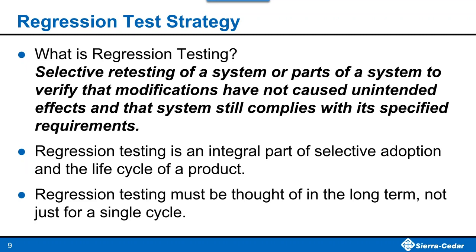Wow, hard to say. But again, regression testing is an integral part, and we are going to make it easier by incorporating PeopleSoft Test Framework. And the important part with PTF is that regression testing must be thought of in the long term, not as a single cycle.